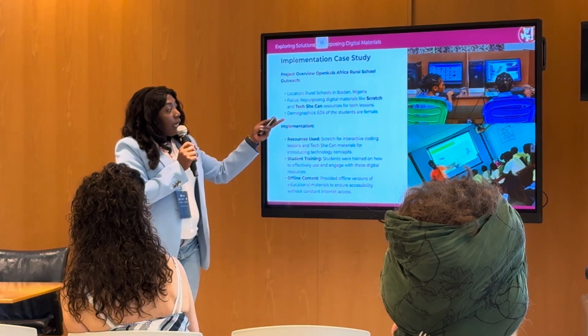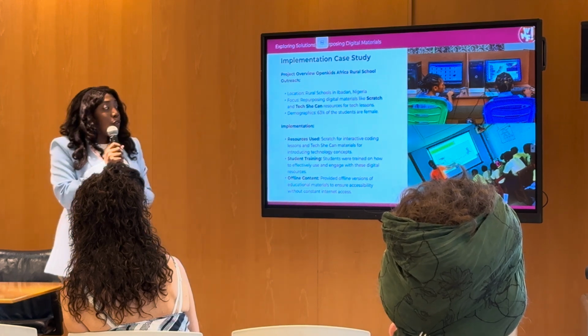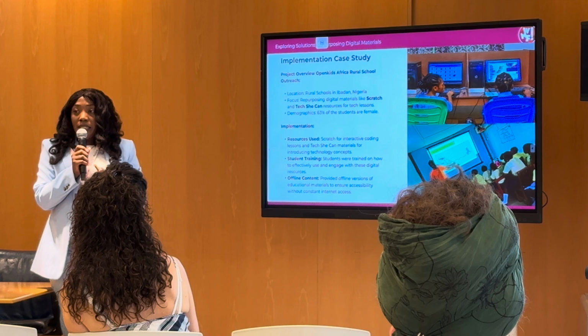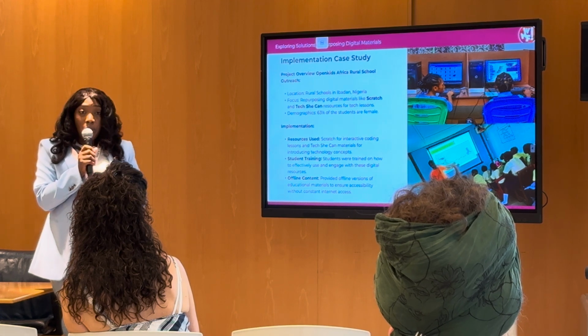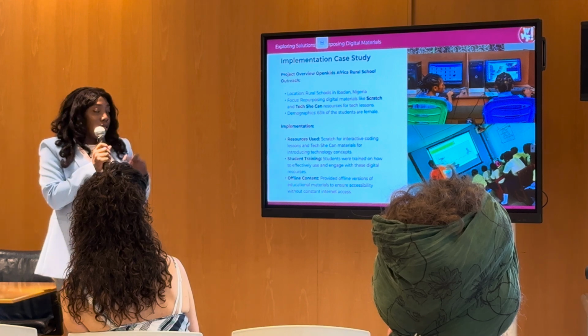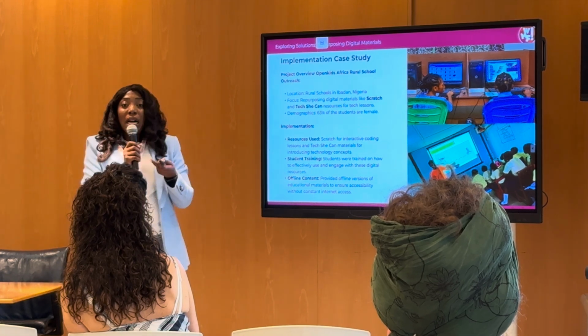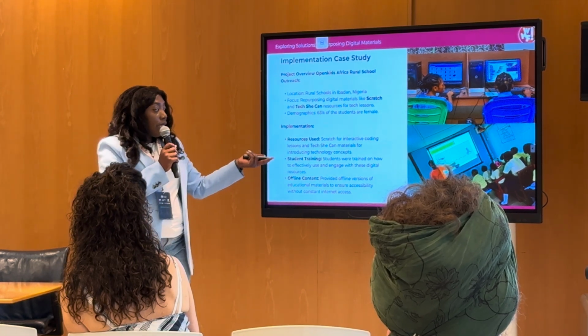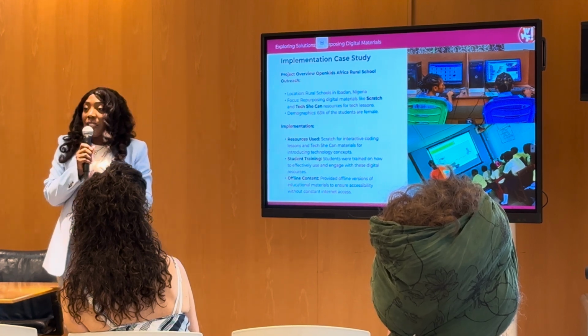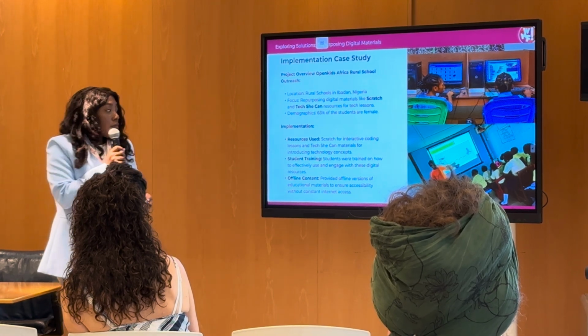What did we do? For demography, we found that about 60% of the students interested in technology at a young age in these rural schools are female. To implement this, we used resources like Scratch. Scratch gave us a platform for interactive coding lessons, and the Techican materials gave us a platform for understanding technology concepts at a very young age.